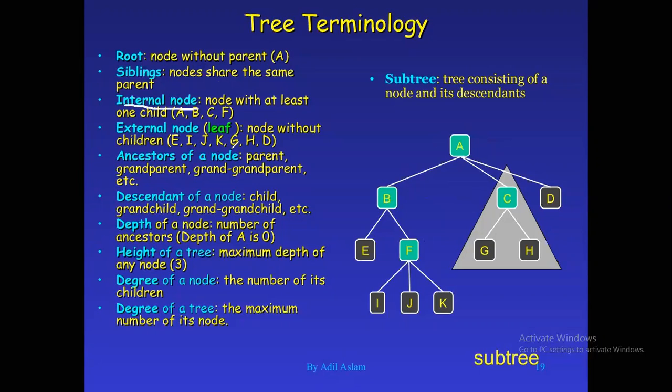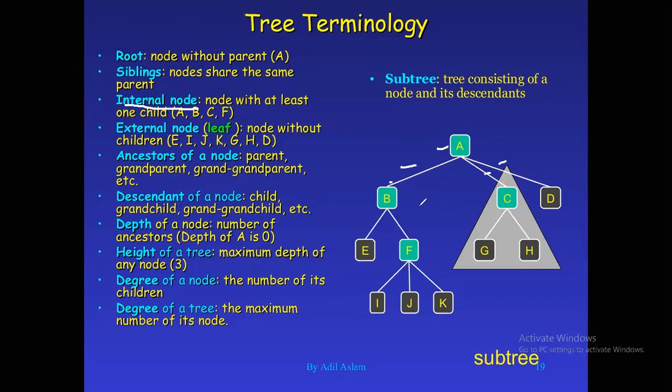Next, internal node. An internal node is a node with at least one child. If a node has at least one child, it is called an internal node. For example, A has three children: one, two, three. Therefore, A is called an internal node.